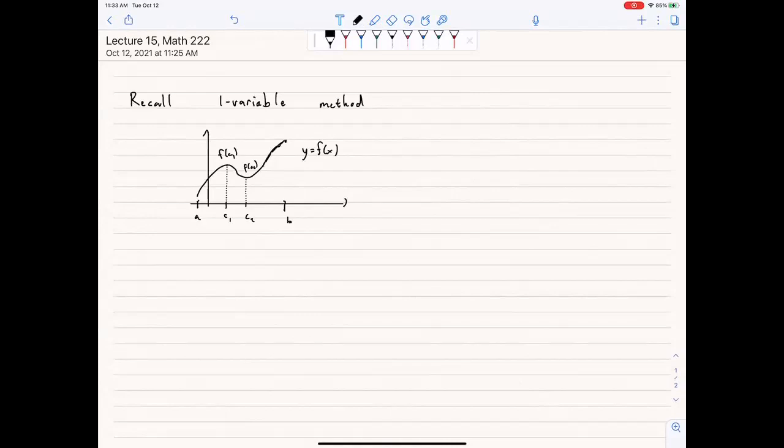We want to find local extrema, but oftentimes we also want to find global extrema. For that, we need a result, and we need to know that we have a global extrema. Sometimes you don't. But if you're on a closed interval, we have the extreme value theorem in one variable calc that tells us that indeed we do have a global min and a global max.